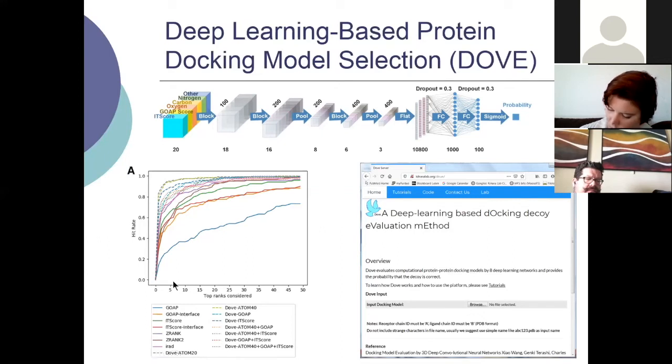The hit rate shows how many targets a scoring function like GOP could rank correct, acceptable models within top 5 or top X ranks.